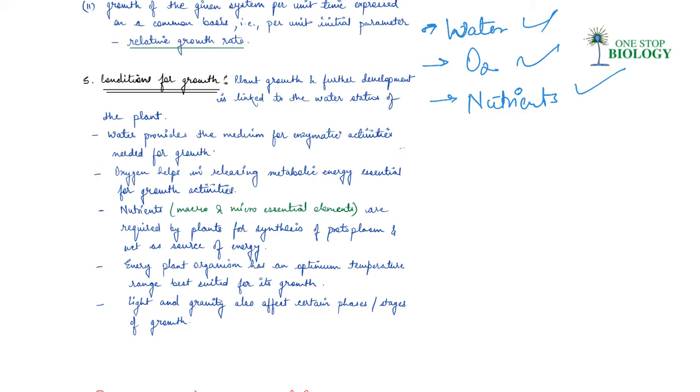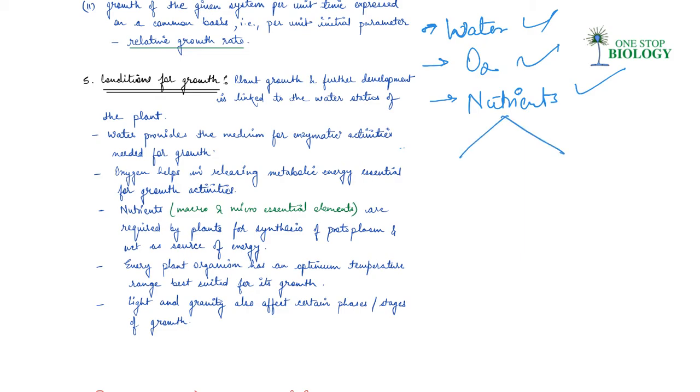Similarly, plant cells grow in size by cell enlargement, right? So basically this requires a lot of water, right? So turgidity of cells helps in extension growth, and there also water is required. Similarly, water also provides the medium for enzymatic activity, so water is required, right? Oxygen helps in releasing the metabolic energy essential for growth activities, so oxygen is required.